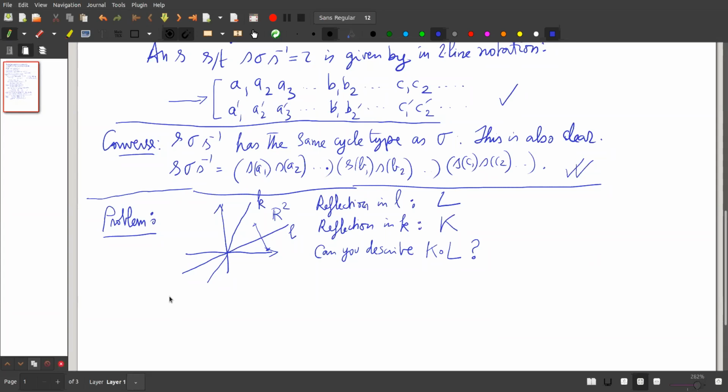So if K is equal to L, then L equal to K, and K of L is K of K or L of L, however you want to write it, equals identity. Very good. Because you do a reflection and then do it again and you go back to where you were, right? Okay, good. At least in that case.